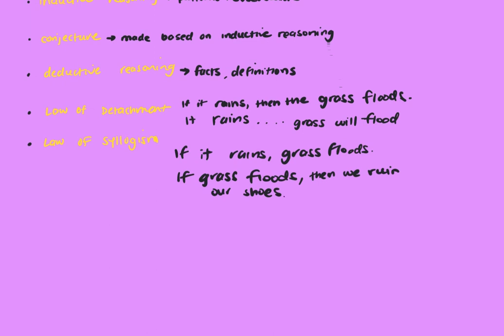So that's our initial statement, and then it rains. So what does that lead us to believe? We're going to ruin our shoes. Grass floods. We take out the part that repeats.